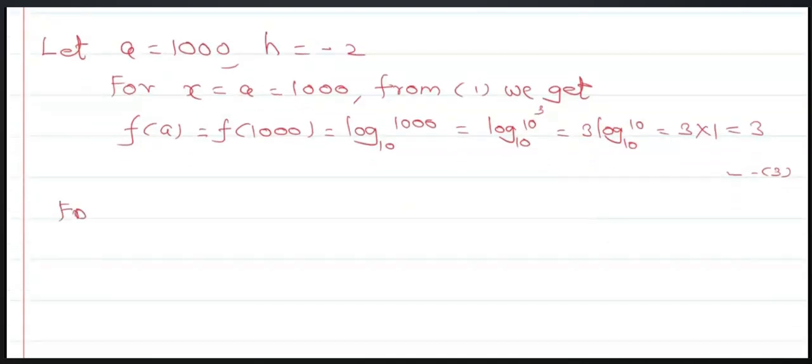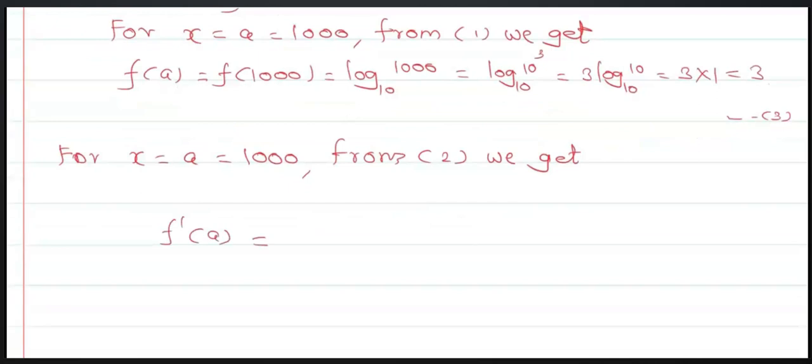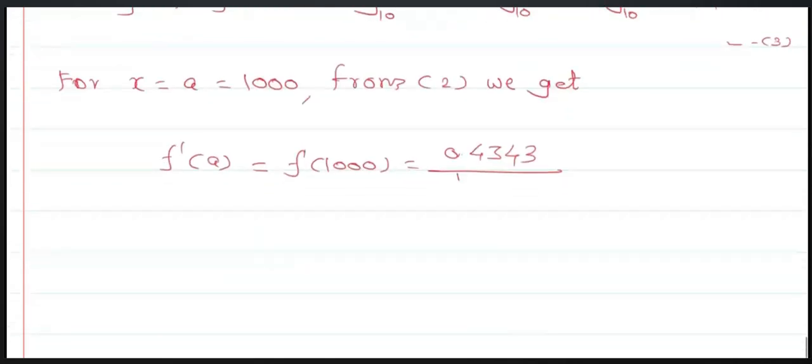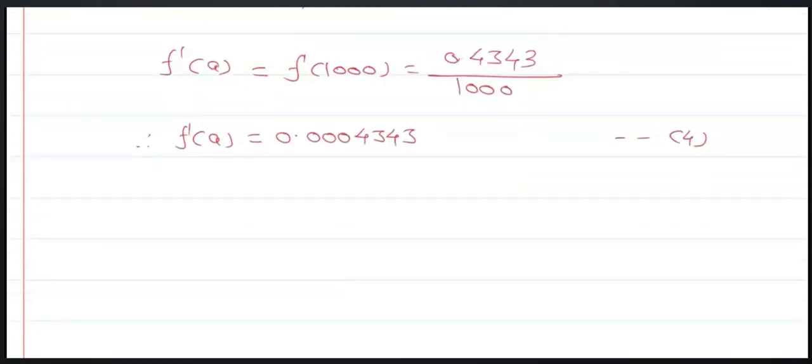Now the next value we will require is f dash of a. A is equal to 1000, and therefore from 2 we get f dash of 1000, which is 0.4343 upon 1000, and that is 0.0004343. Now we will substitute the values.